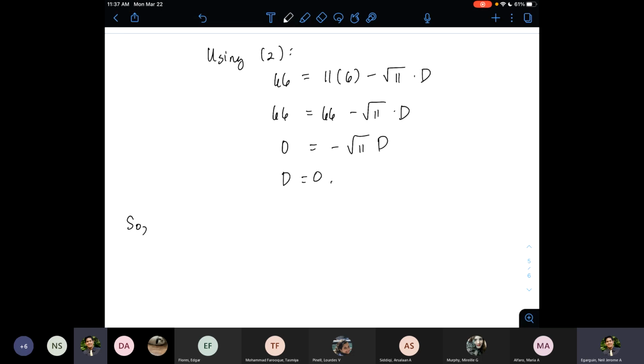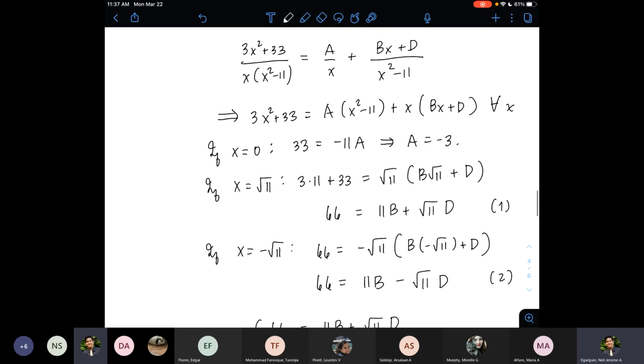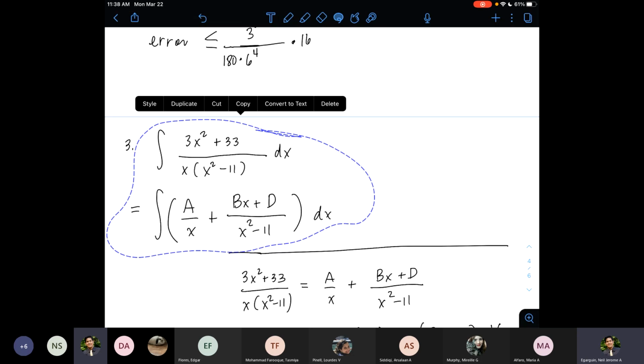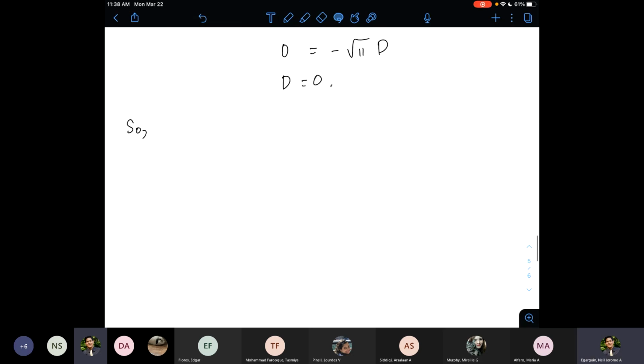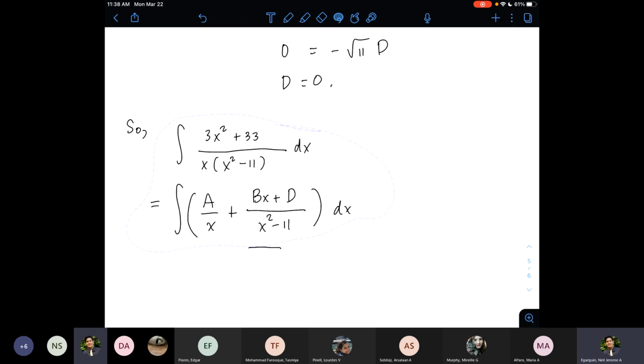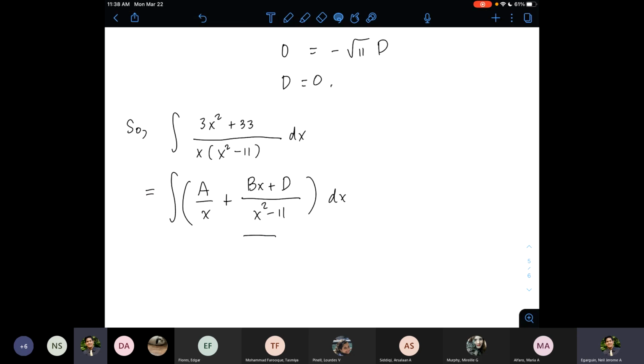So yeah, double check your answer, Muriel. It appears that d is equal to 0. Now let's go back to where we started. This is what we're looking for, and you see how tedious the algebraic step is compared to the actual calculus step here.